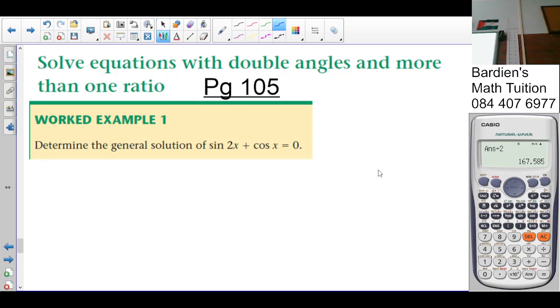And sine 2x can be written as what? 2 sine x cos x plus cos x equals 0. Now what do we do? Cos x has a common factor. Take that out as a common factor.